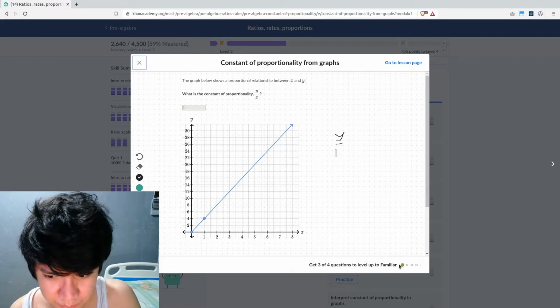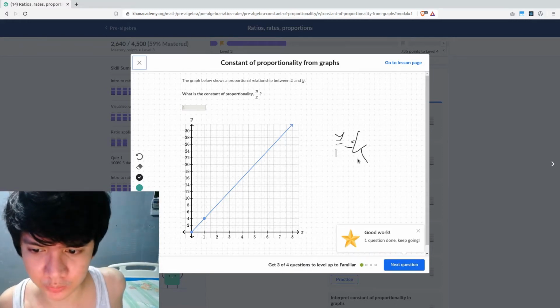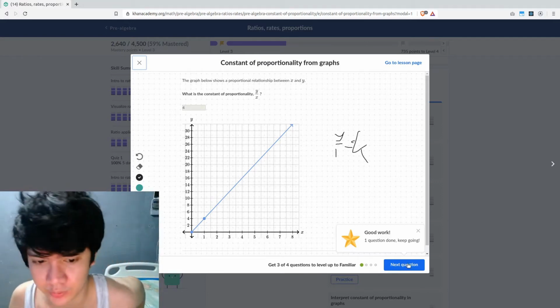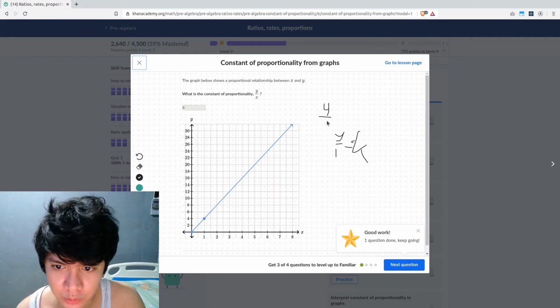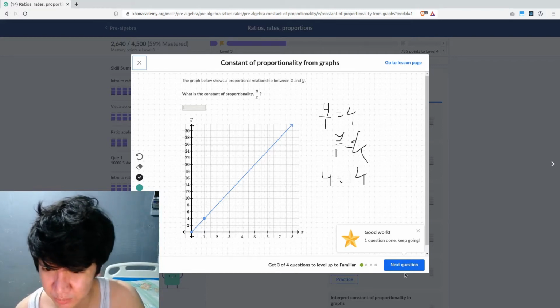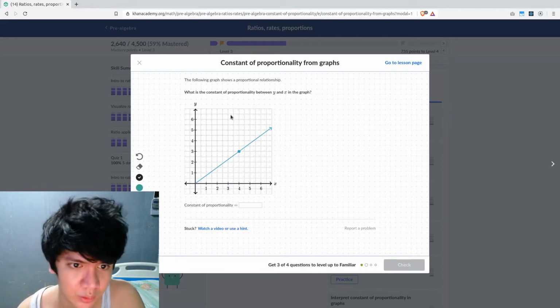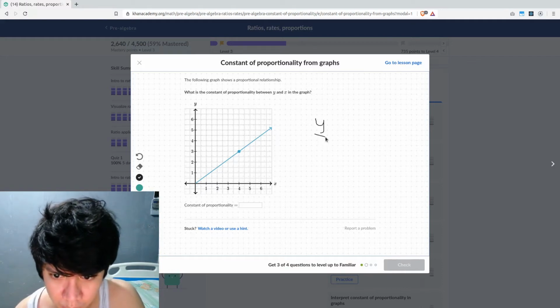This is 4? Oh, cool. Okay. I mean, yes, if this is 4 over 1, okay. Y over x equals k, right?